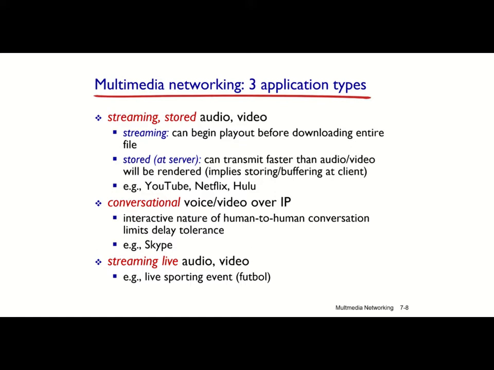Generally, there are three different types of applications that use multimedia networking. The first one is streaming the stored audio or video. We call it a streaming because you can begin playout before downloading the entire file, and then the video and audio are stored at a server because the server can transmit faster than the audio or video rendering speed, and therefore it's possible that the client play a video that is stored originally at the server, and then it needs some techniques like storing and buffering in the client side.